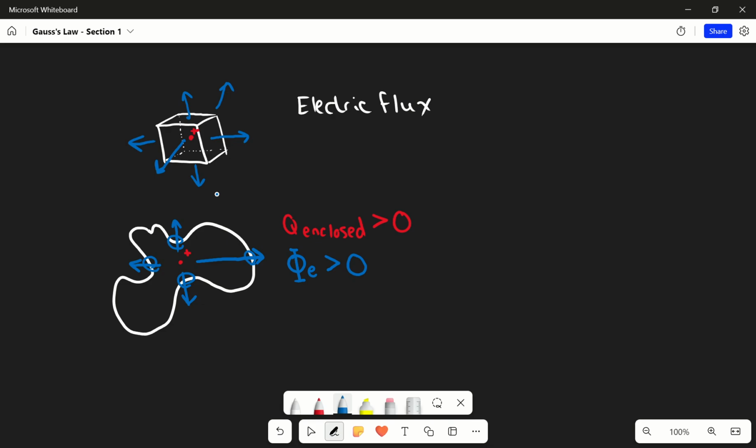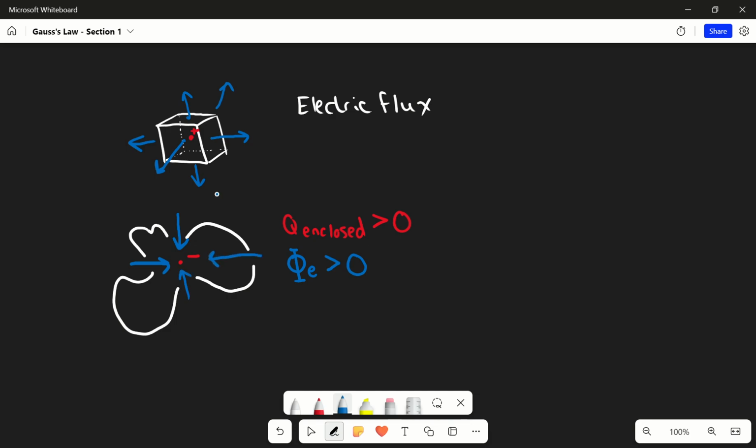Now, if we were to say that, hey, we don't have a positive charge in here, let's say we have a negative charge in here. Well, then it acts like a sink, with electric field flowing into the surface, towards the charge.